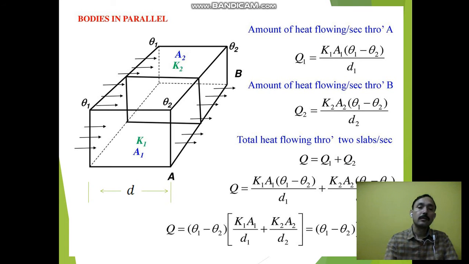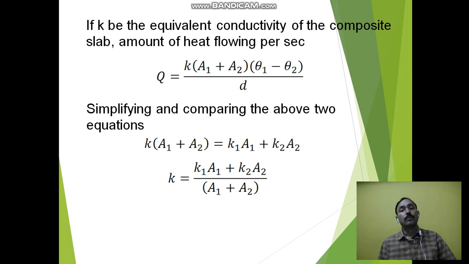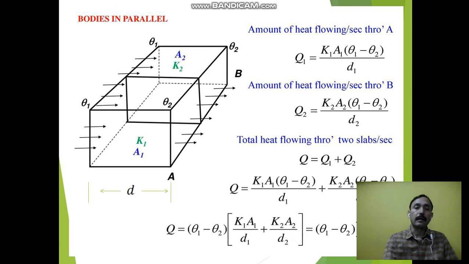Now we will consider the thickness of the slab as d. That means the heat Q passes from this point where it is maintaining theta 1 to the point where it is maintaining temperature theta 2. The separation between these two points is d.